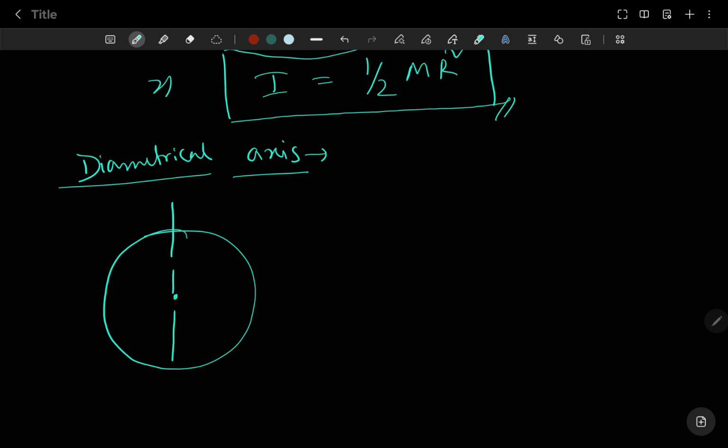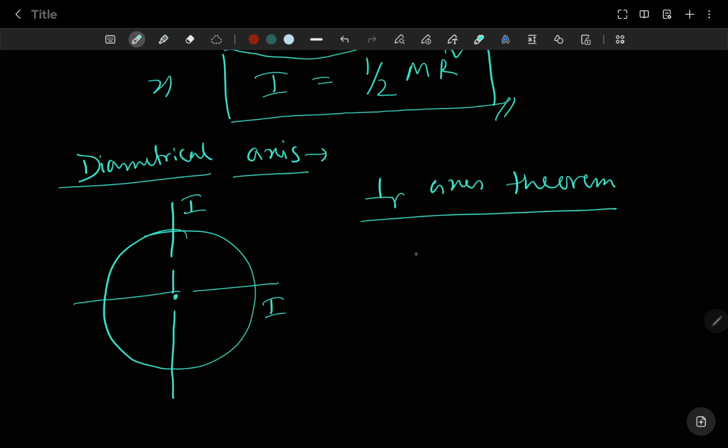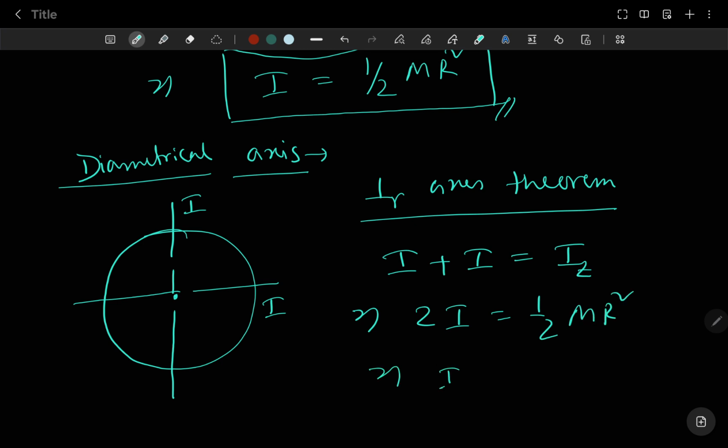Okay, this I. So perpendicular axis theorem, I plus I will be Iz. By symmetry they are equal, so Ix and Iy. So Ix plus Iy is Iz. So 2I is Iz, already I know half MR square. So it will be 1 by 4 MR square.